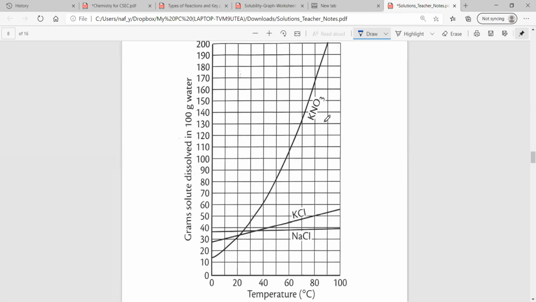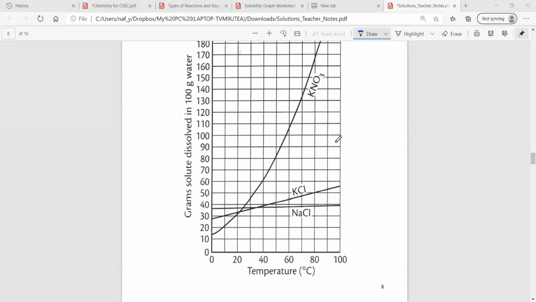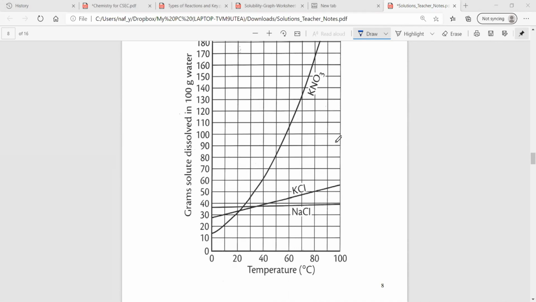And the example is shown on the screen. So that's an example of a solubility curve or a solubility graph. On your graph, you'll notice that your x-axis has temperature and your y-axis has your solubility.